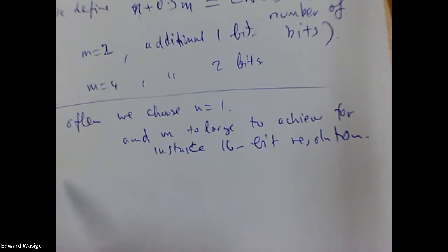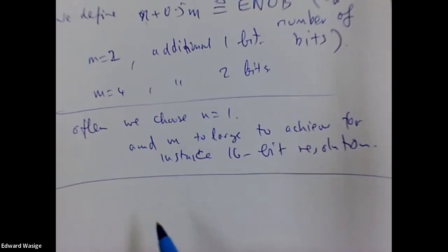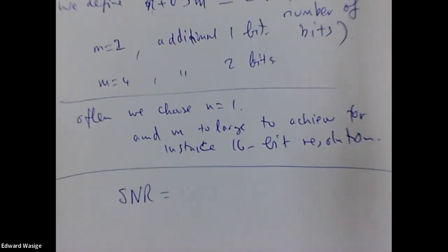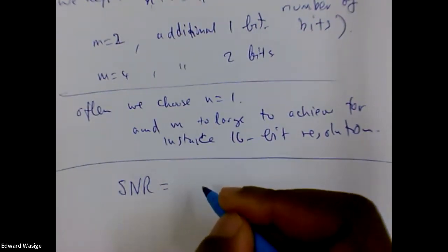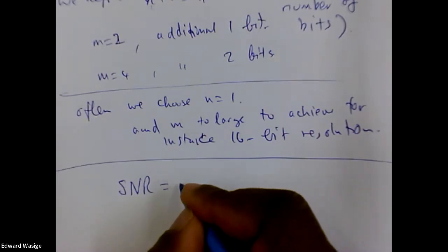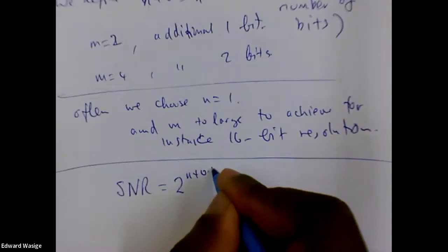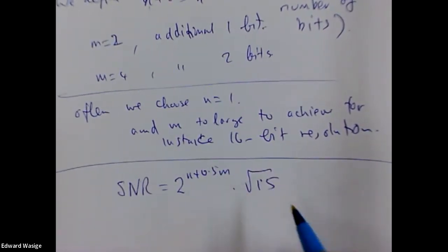So any questions or comments before we carry on? So the math tells us that the signal to noise ratio for an oversampling ADC is 2 to the n plus 0.5 m times root 1.5.